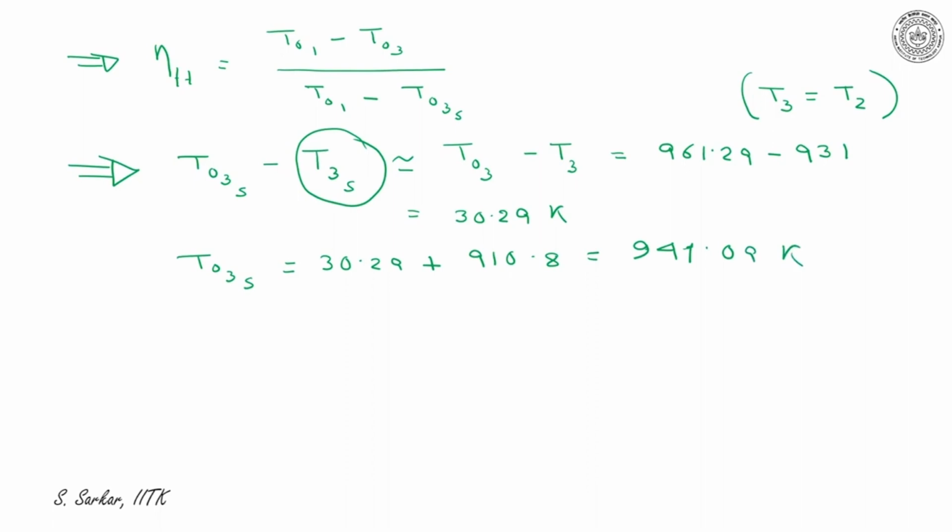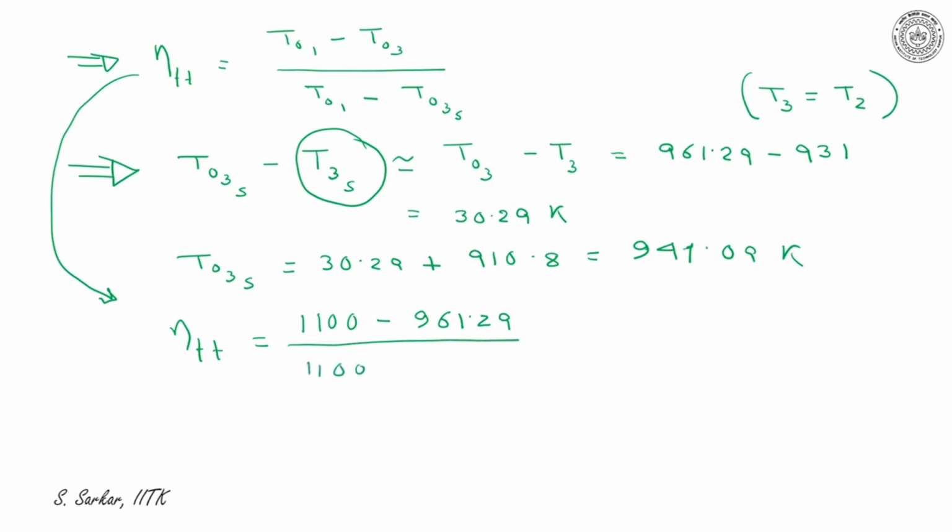So I have evaluated T03S. Now from this equation, I can write eta TT, total to total efficiency, as 1100, that is T01, minus T03, which is 961.29, divided by 1100 minus 941.09.